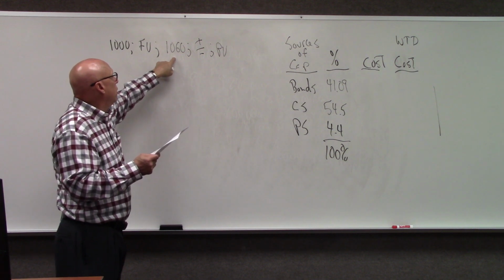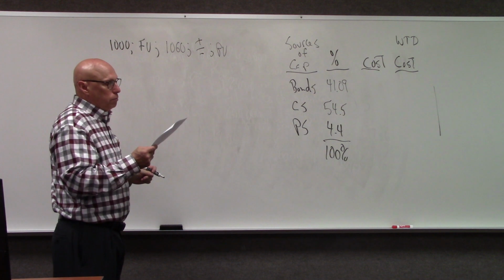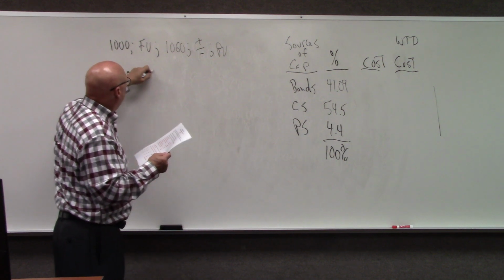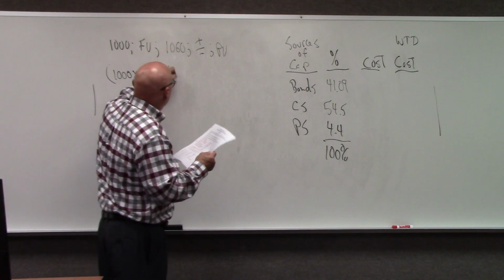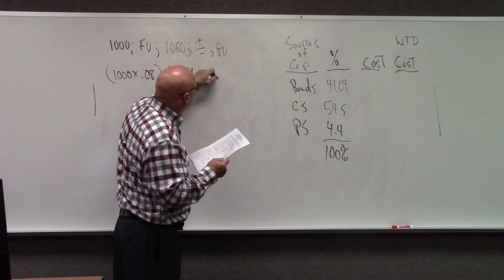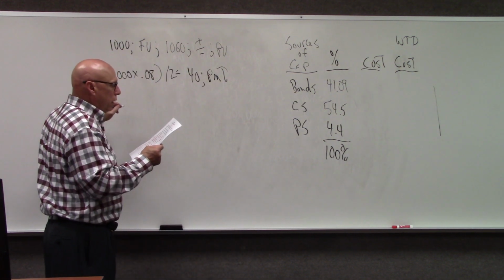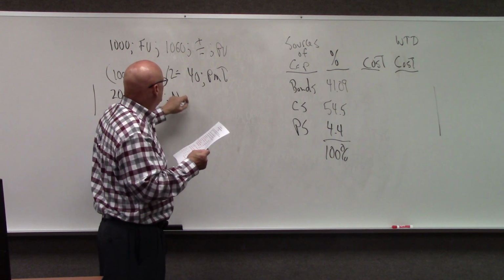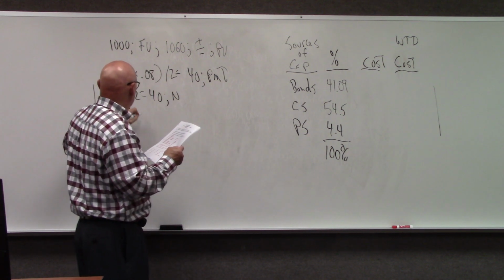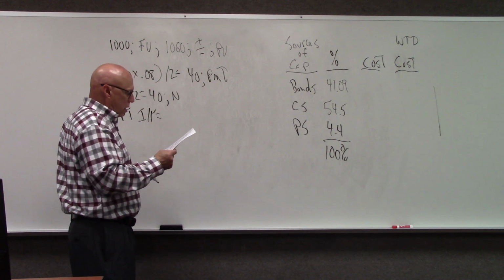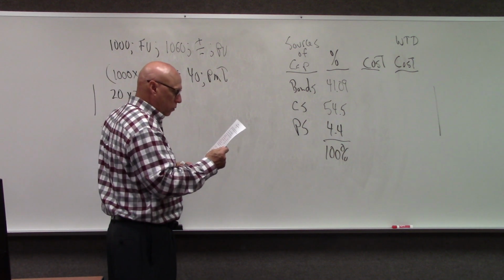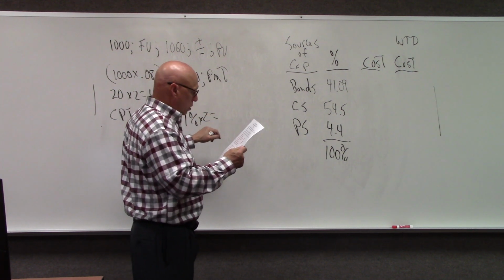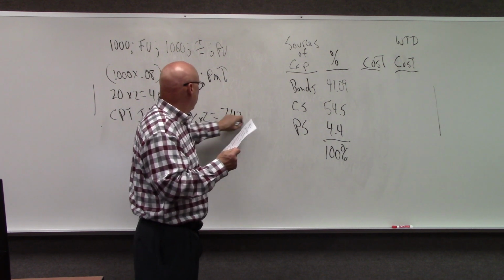So the coupon rate will be higher than our IY. 8% coupon, so 1,000 times 0.08, and it pays semi-annually, divided by 2, 40 is our payment, and 20 years times 2 equals 40 is our N. Compute IY, and we get 3.71% times 2 equals 7.42%, and there's a little rounding going on in there.